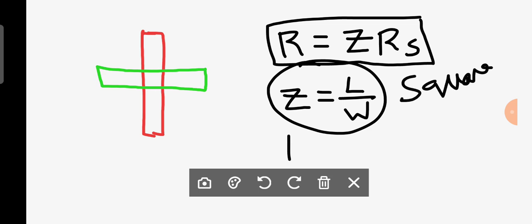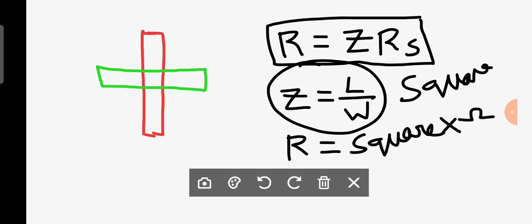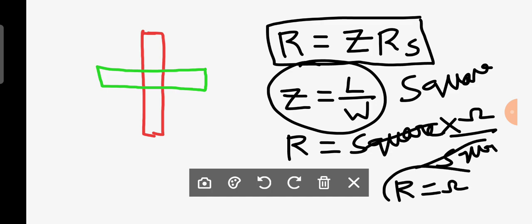That means what I am trying to tell, R is equal to square into ohm per square. Then square gets cancelled, then you are going to have the resistance unit as ohm. Now just quickly come to this point.